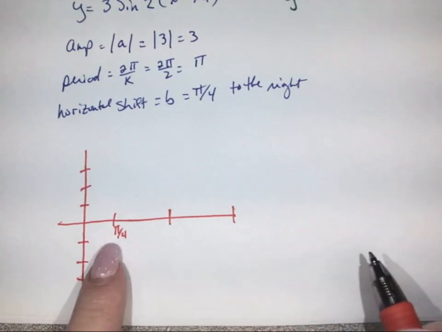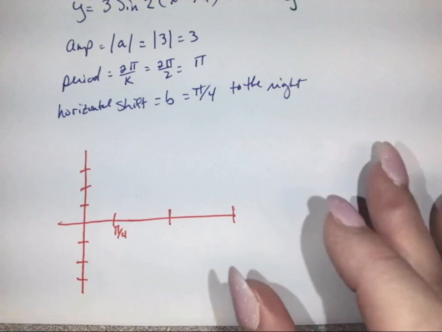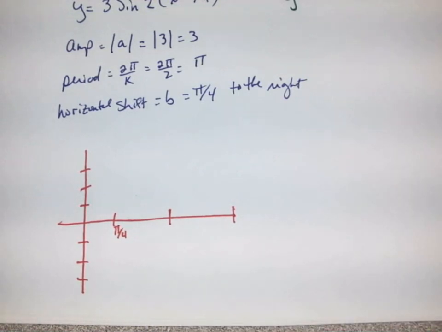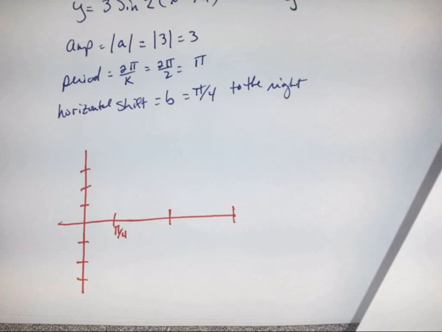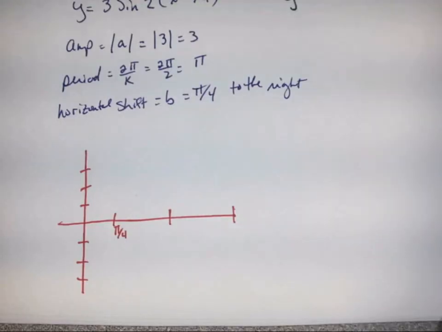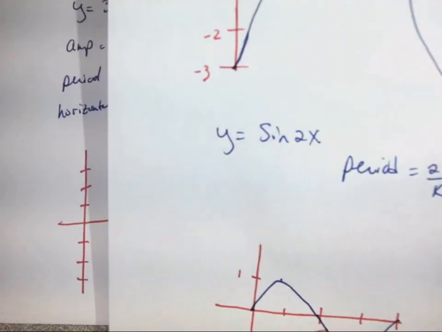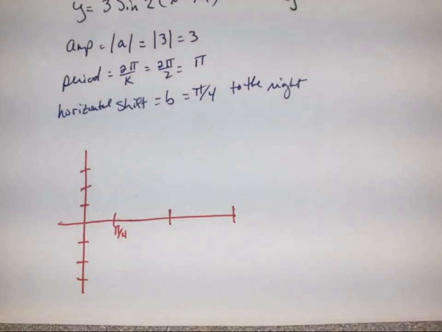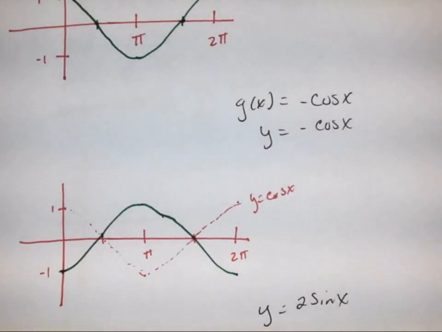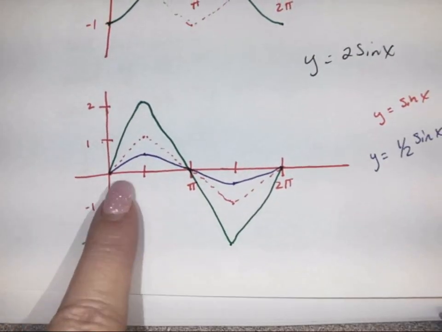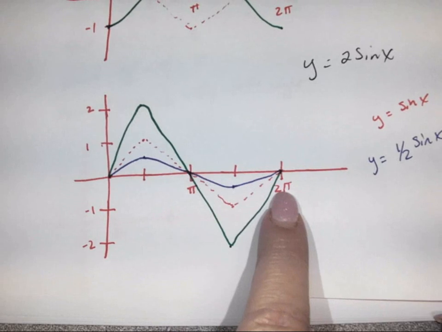So if you recall, let's go back to one of our original graphs. On a regular sine, we would be at 0 and then pi and then 2 pi.